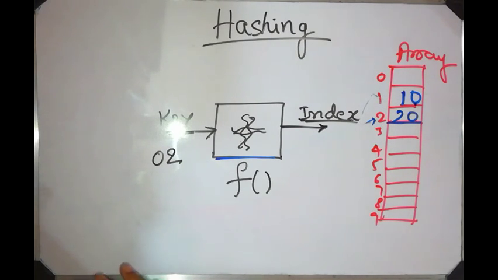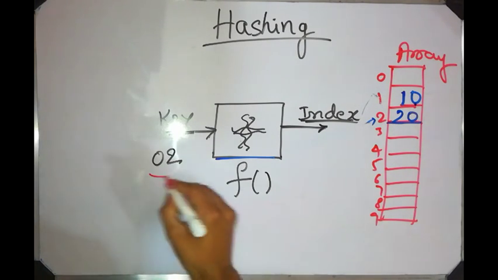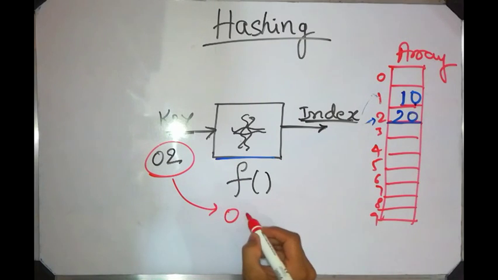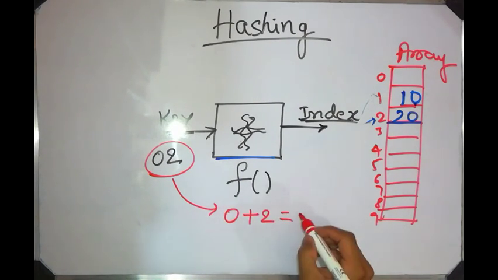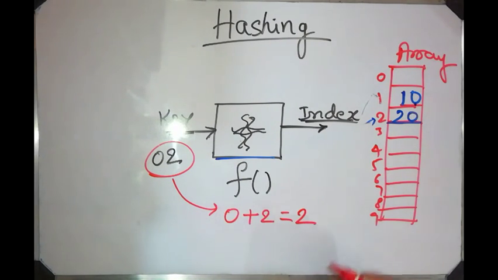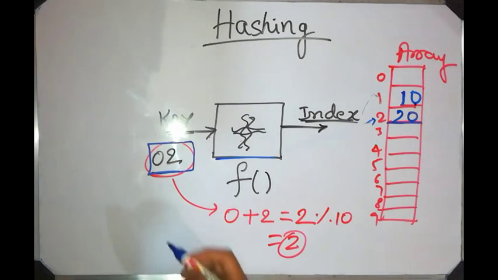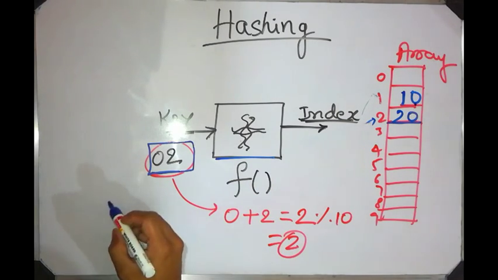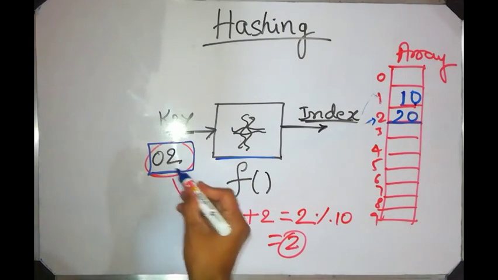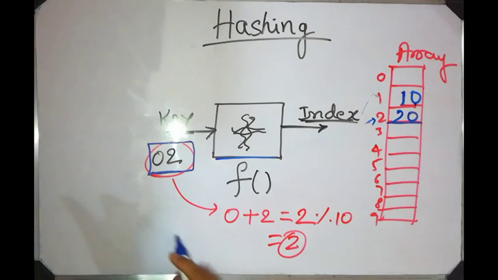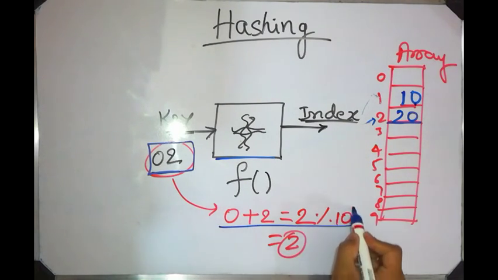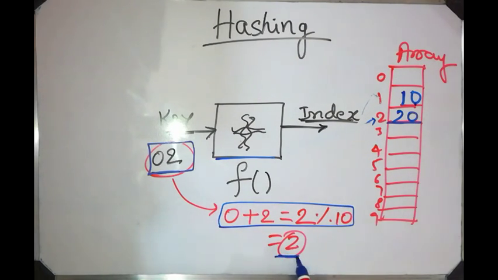According to my hash function, I'm supposed to again add 0 plus 2, which will give me 2, and mod 10 will give me 2 again. So 0, 2 is something I consider a separate record, a key. In my case, 2, 0 is different and 0, 2 is different, right? Now if you follow the same hash function, you will get 2 as the index.